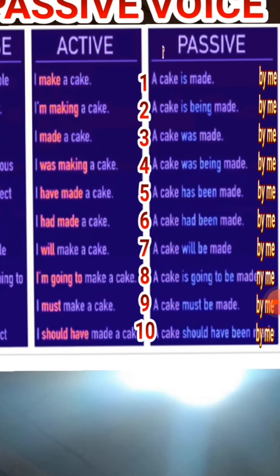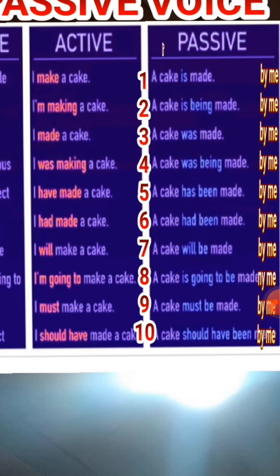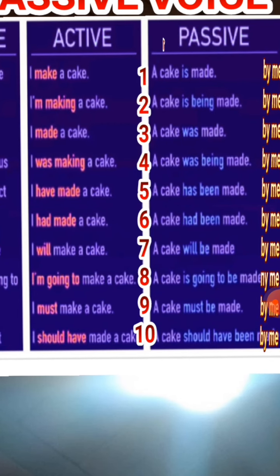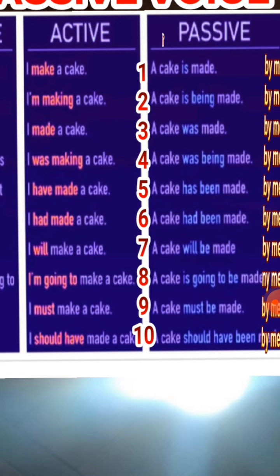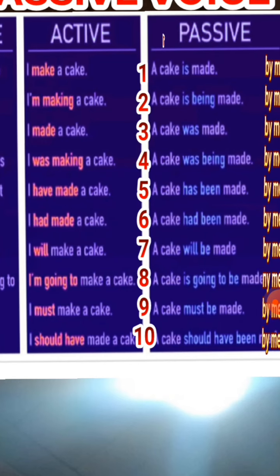In passive voice, we put a cake as the subject, and then we use is. After is, we use being because the sentence is in the form of continuous.